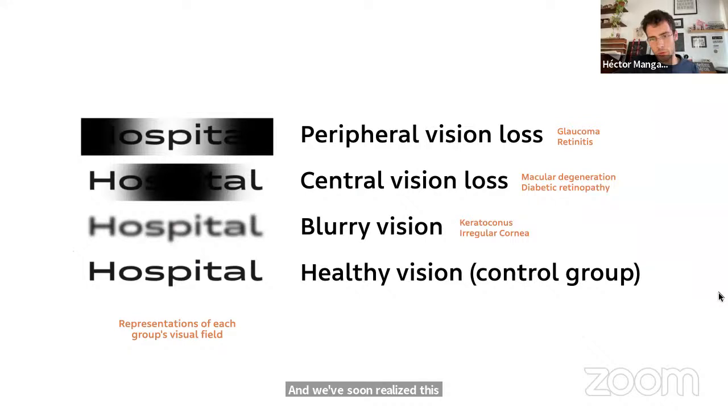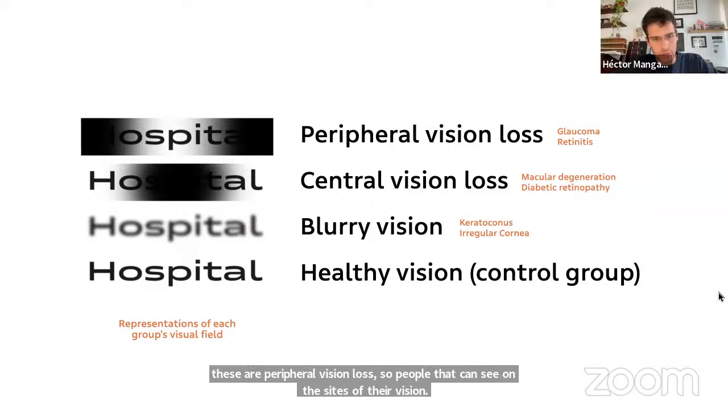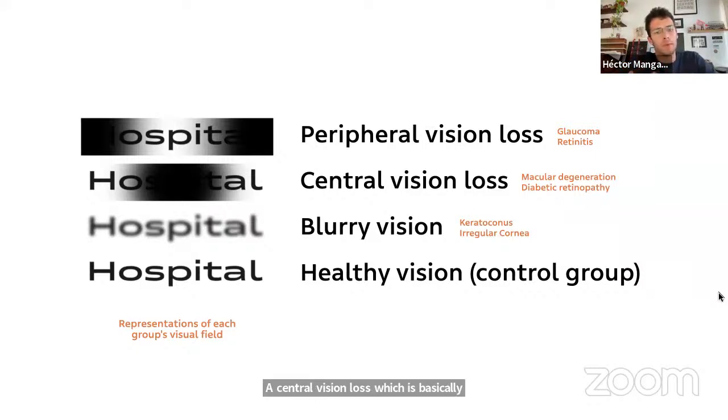We also reviewed all the different visual diseases that are treated in the hospital, and we identified 4 target groups, well, 3 patient groups and a control to also account for that. These are peripheral vision loss, so people that can see on the sides of their vision; central vision loss, which is basically a big blob of darkness in the center of the eye; and extreme blurry vision, one that can't be fixed with correction.